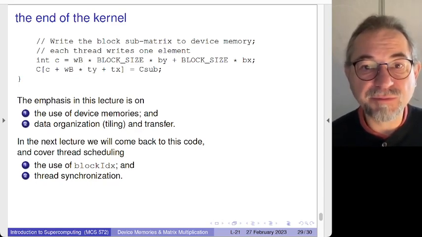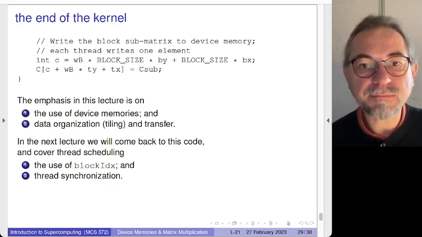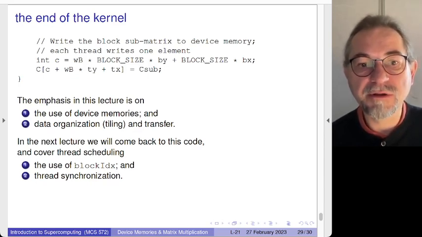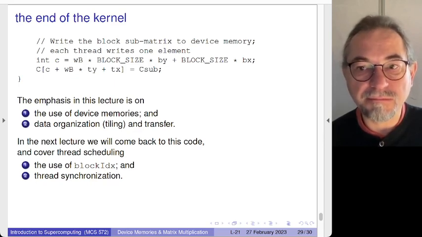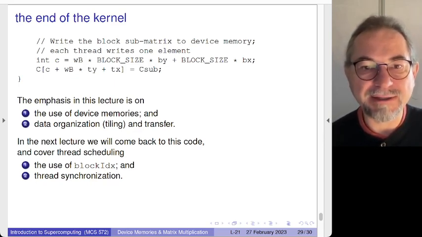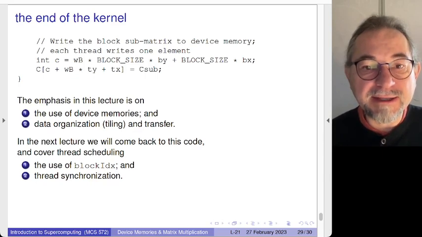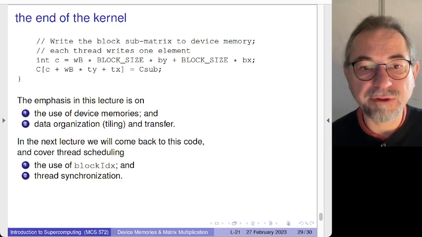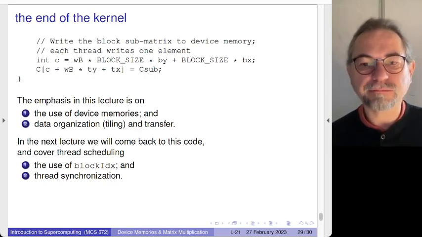As an exercise, one should actually compute the compute to global memory access ratio of this block. So you can see that there are many more instructions, which is favorable for the programming model that we are applying here. In the next lecture, we will explain more about the use of the block index and how thread synchronization is used.